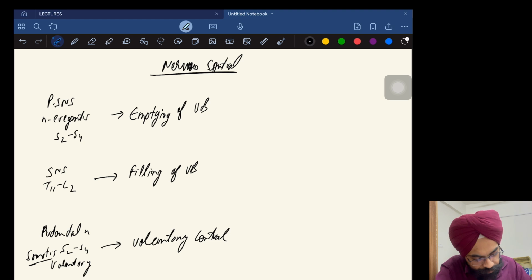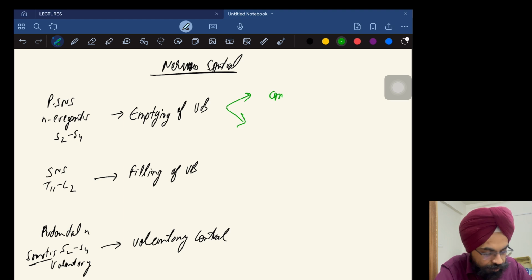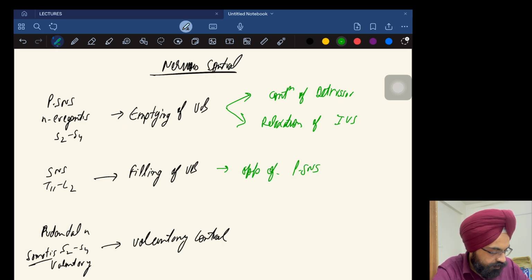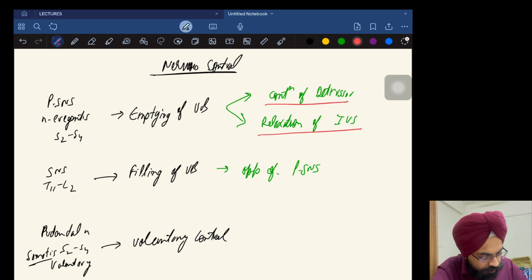So what happens is, parasympathetic supply causes emptying of the bladder, so it is causing contraction of detrusor and relaxation of internal urethral sphincter. Sympathetic is exact opposite of parasympathetic, so it is causing relaxation of detrusor and contraction of internal urethral sphincter.